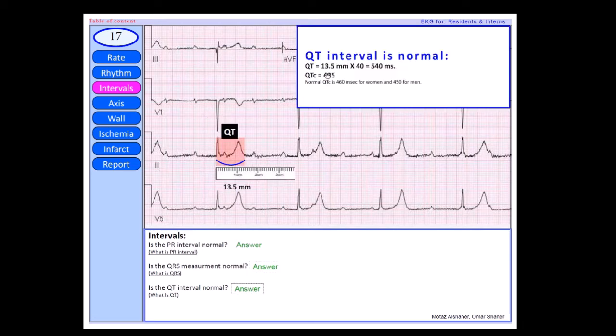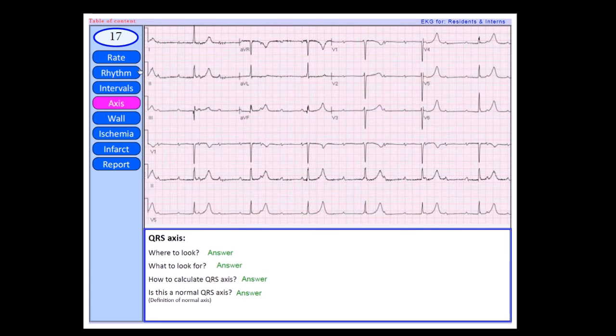If we measure QT, it looks prolonged, but that is due to the slow ventricular rate. And if we do the adjusted QT, the number looks normal. Next, the QRS axis, we look at lead 1 and aVF, and the axis looks normal.